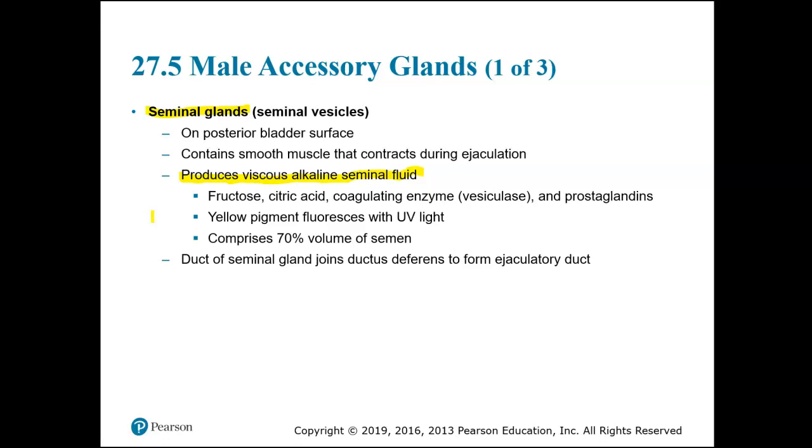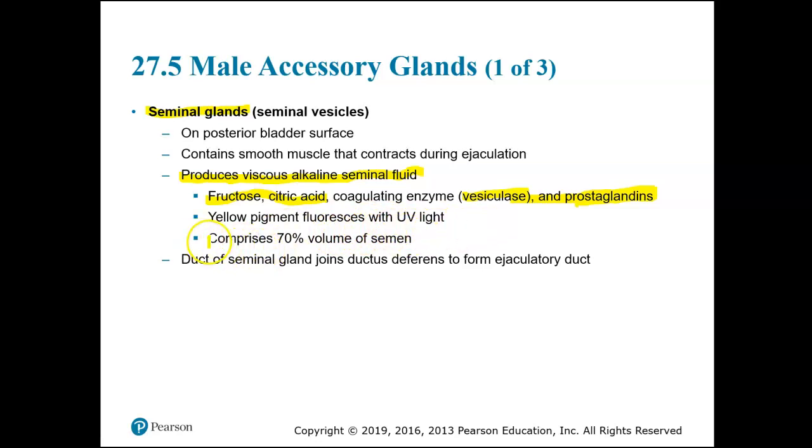The composition of the seminal gland component is fructose, which is sugar, citric acid, an enzyme called vesiculase, and prostaglandins, which are like antihistamines. The yellow pigment fluoresces with UV light.